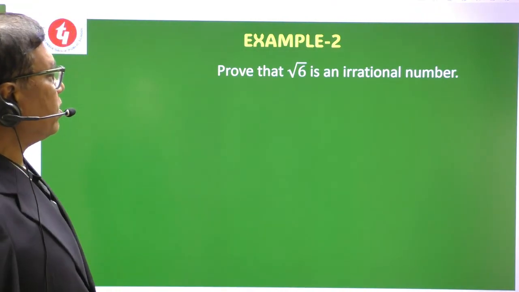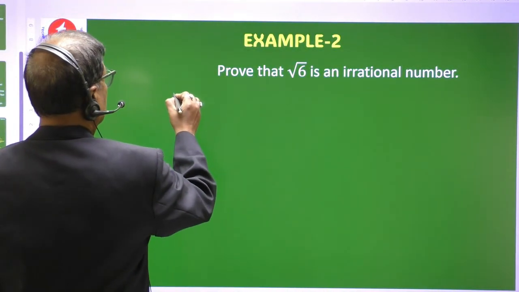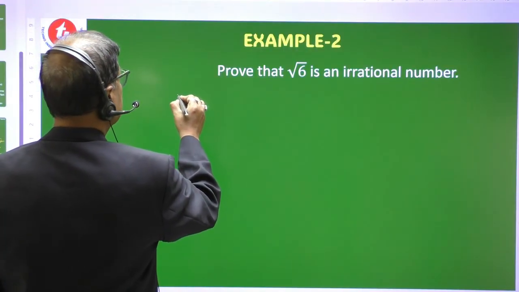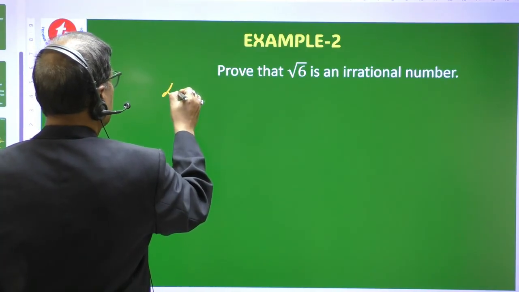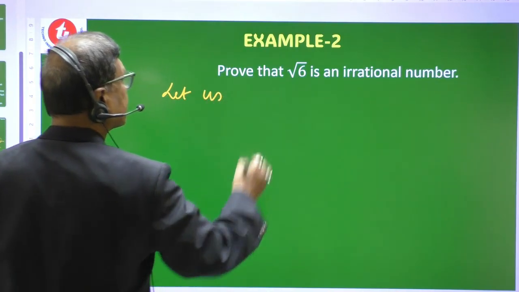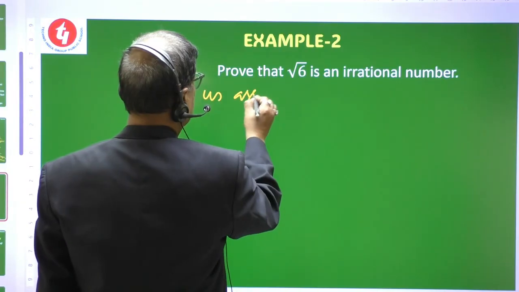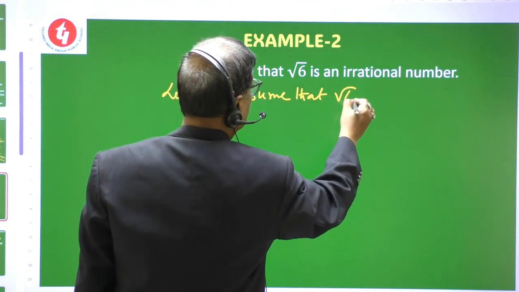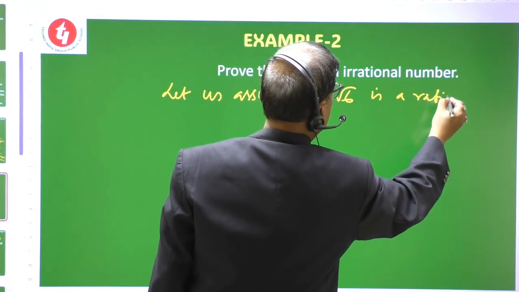So similarly, like the previous example, we can prove it is an irrational number, and for that we have to assume root 6 as a rational number. So let us assume that root 6 is a rational number.